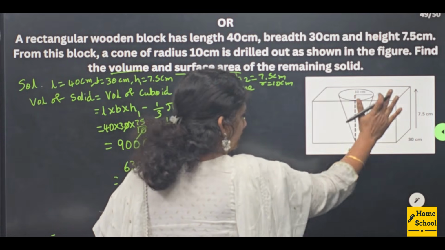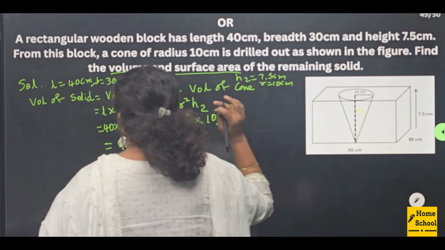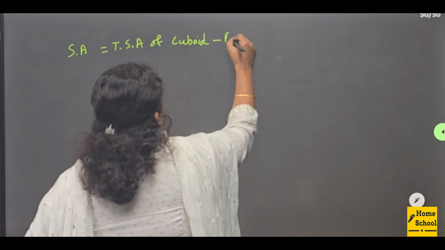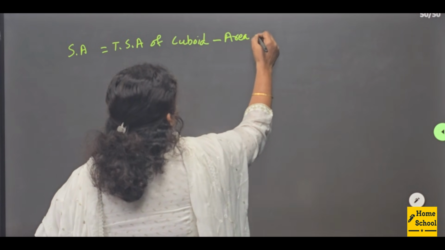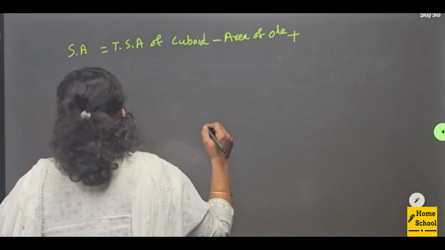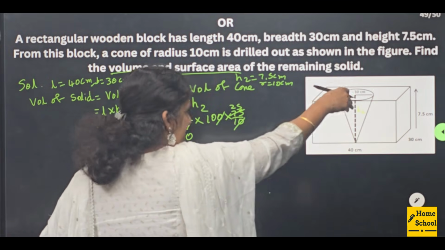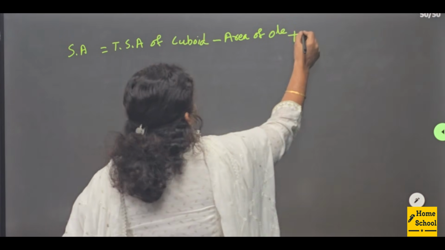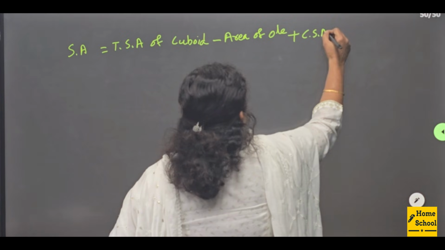Complete cuboid total surface area. This circular area we need to remove, that is minus area of circle plus, still what you can see, if you look inside you can see the CSA of a cone, plus CSA of cone.